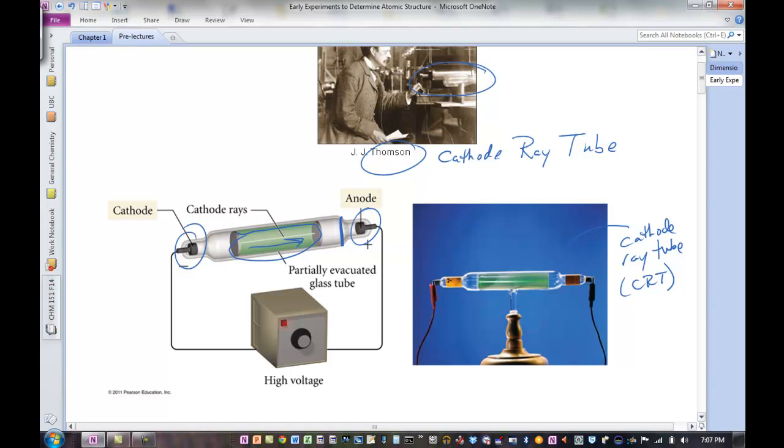Well, televisions have changed. We use liquid crystal displays, plasmas, all sorts of different things now. We don't have these big picture tube TVs, but those were cathode ray tubes, and even computer monitors were cathode ray tubes. Now they're not. But anyway, here's this beam of electrons coming across that cathode ray tube.